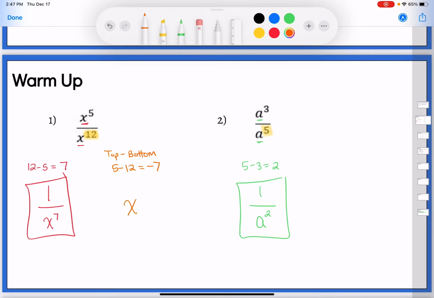So that would say that my answer would be x to the negative 7th power. But that's the same problem. So that means that these two things are equal. X to the negative 7th power is the same as 1 over x to the 7th power.